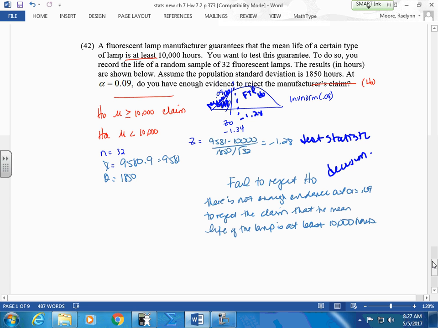Right? We have to go to our chart, get the words for it. We can't just say I agree or don't agree. We can't say it's good, it's bad. We have to either have enough evidence to reject it, or insufficient evidence to reject it. If it's an HA claim, we use the word support. And that's nice too, because when you get down to here, you have enough evidence to reject the manufacturer's claim. Right away that tells me H0. If I didn't set my claim up as H0, something's wrong.